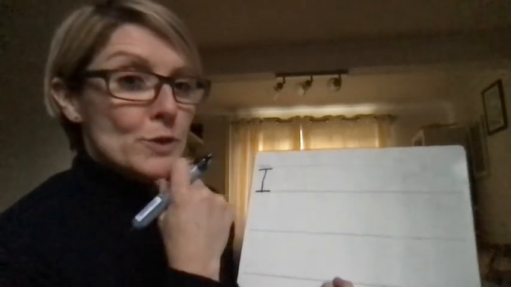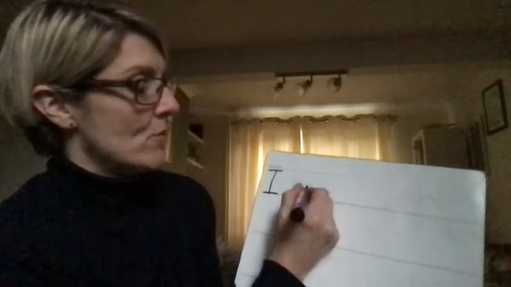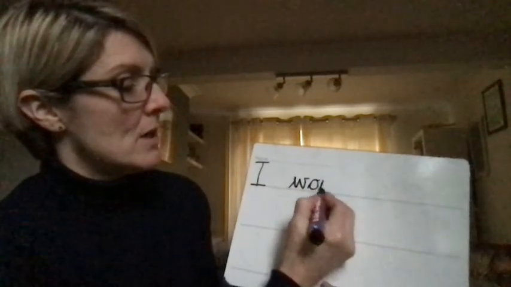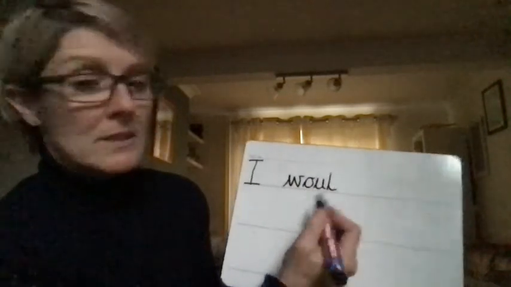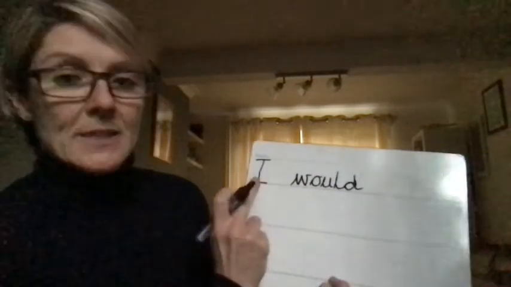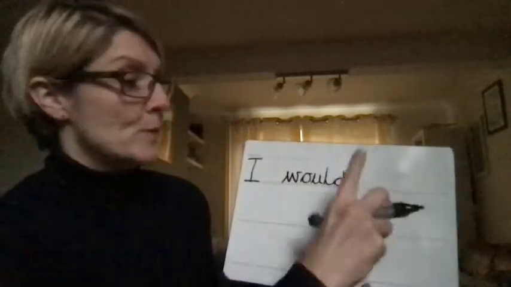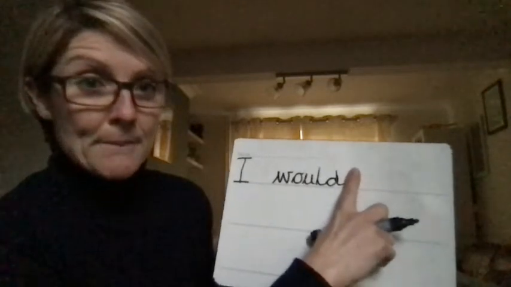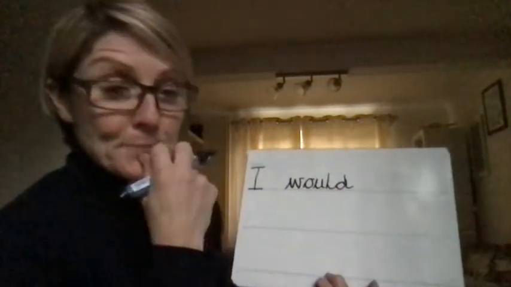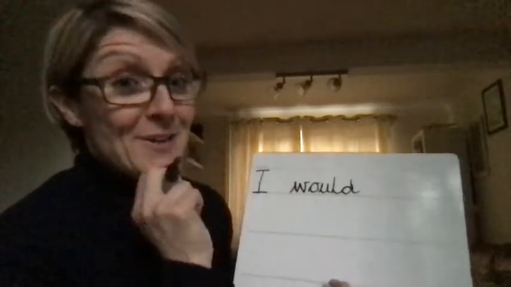I would. So you should have w, and then we've got that tricky trigraph, o, a, oo, d. Would. Okay, so I would. What do we have to leave in between our words? Finger space. I would like. We've done this I sound. Do you remember?